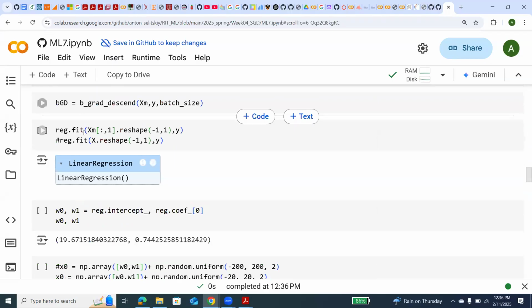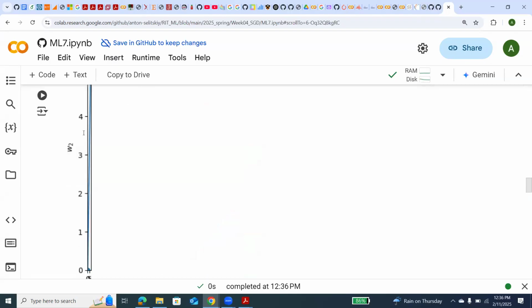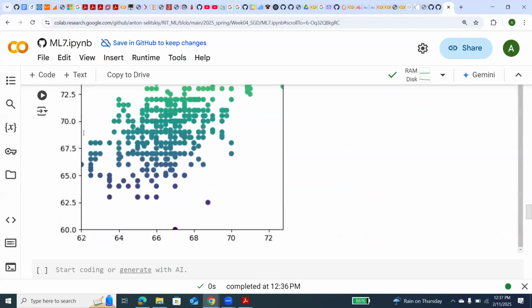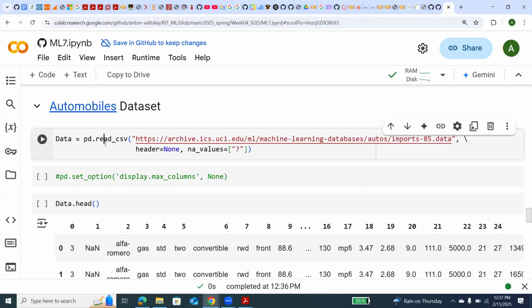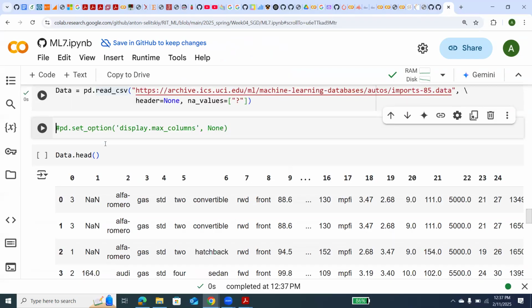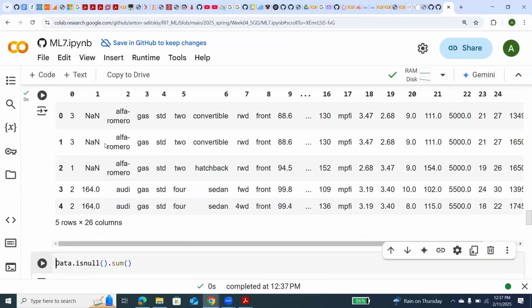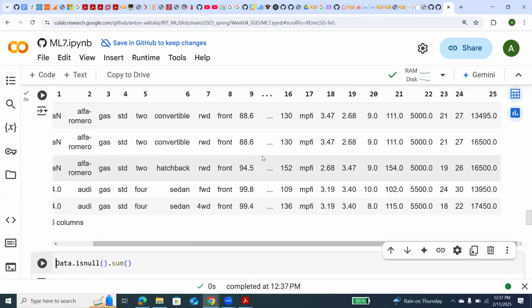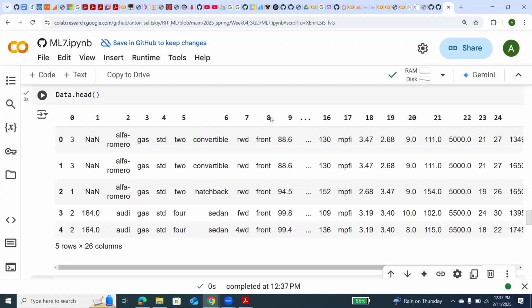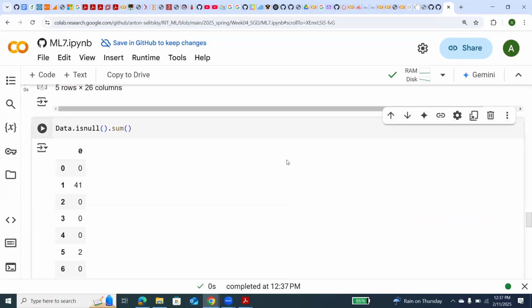And upload this data set with cars. And here is this data set. So the target is the last column, the car price. For now, I will use just one column from this data set.